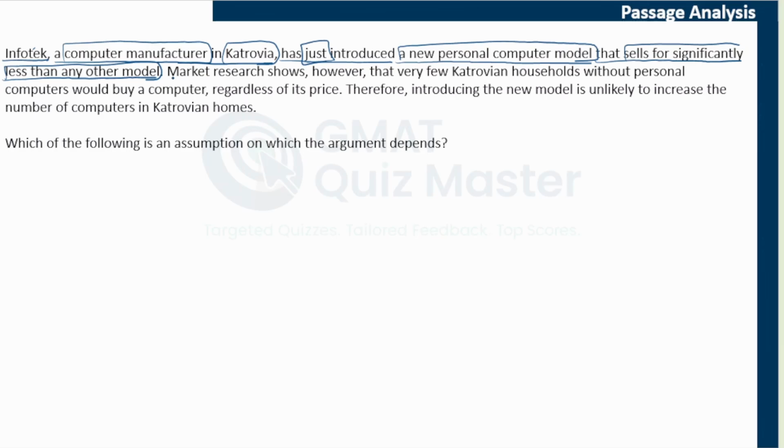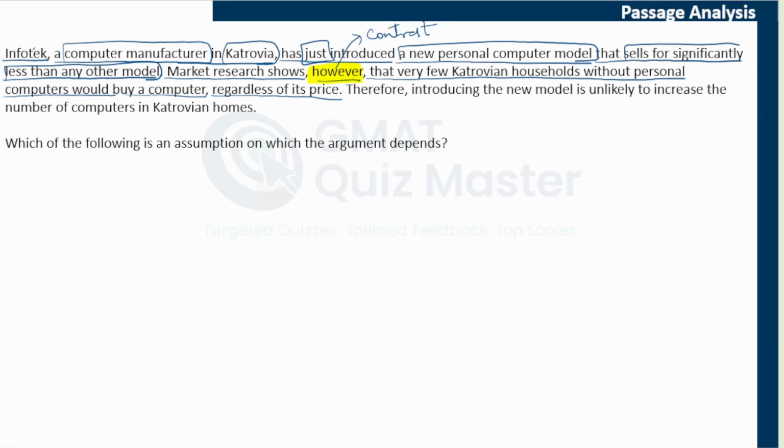Let's read further. Market research shows. So now we are going to read something that we get to know from the market research. "However" is a contrast word, so we'll get to read a contrast. Let's see what the contrast is. That very few Ketrovian households without personal computers would buy a computer regardless of its price.